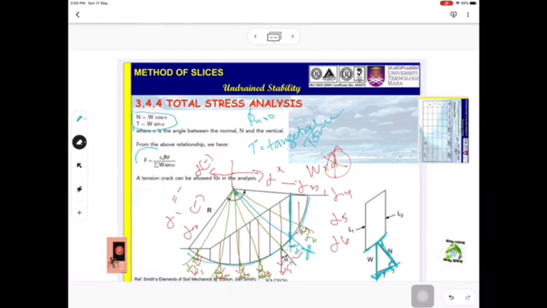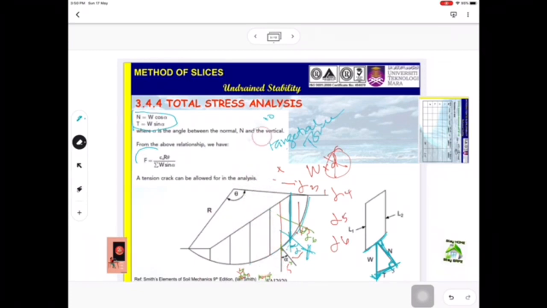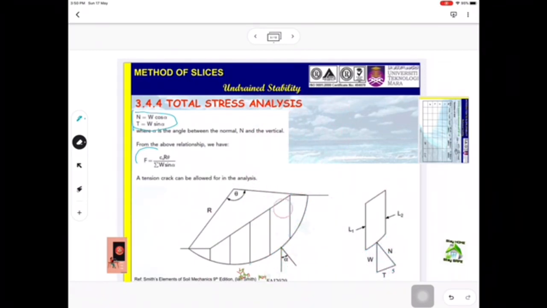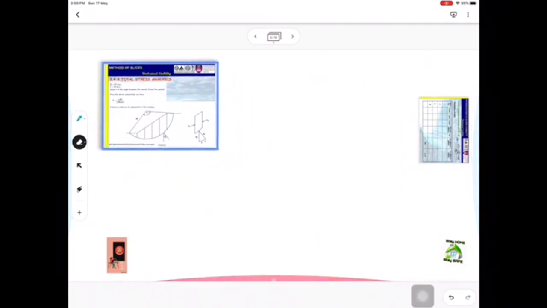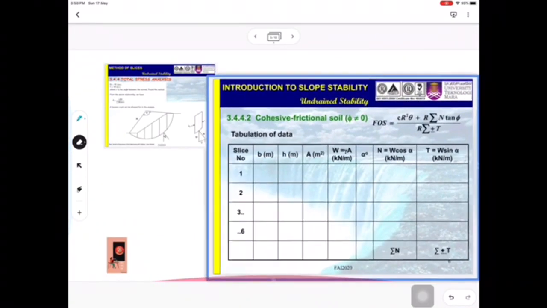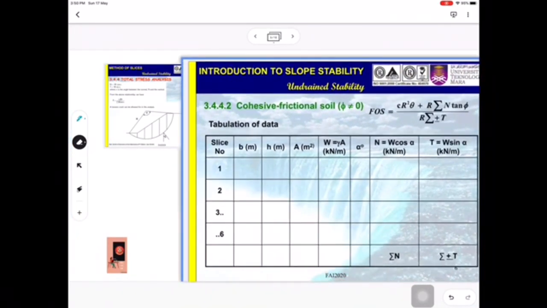Okay, so that's how you get all the parameters. Hope you can understand what I explained here. Okay, so the table would be a little bit different with the previous one.